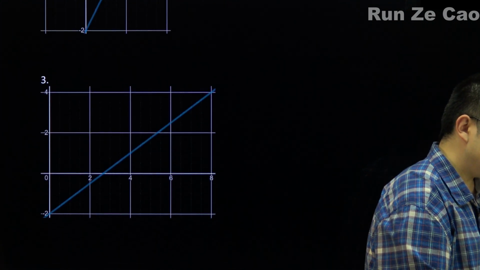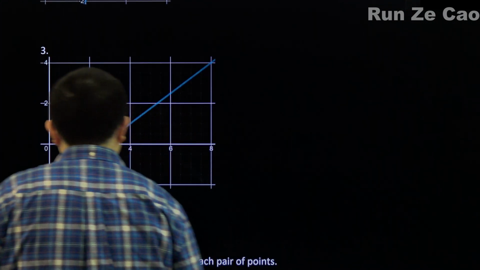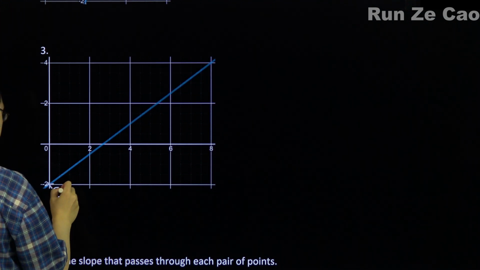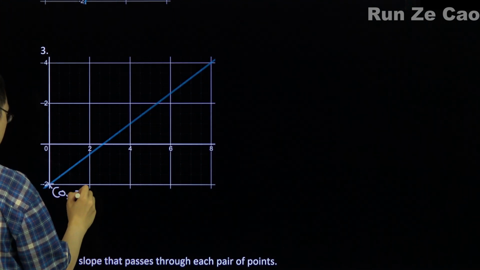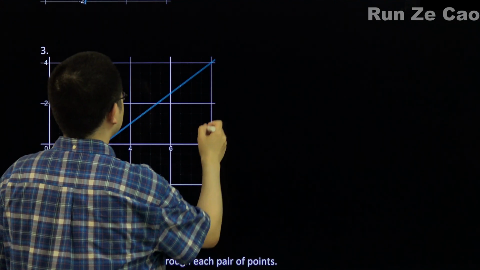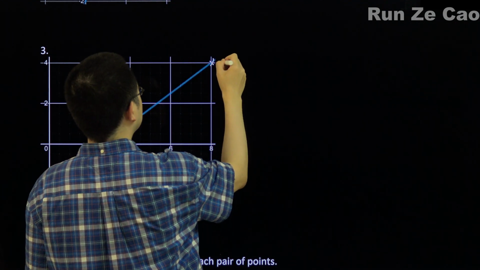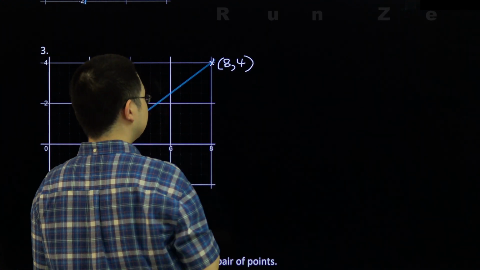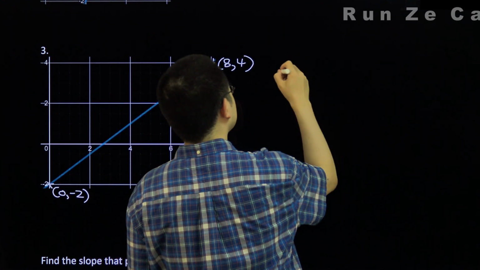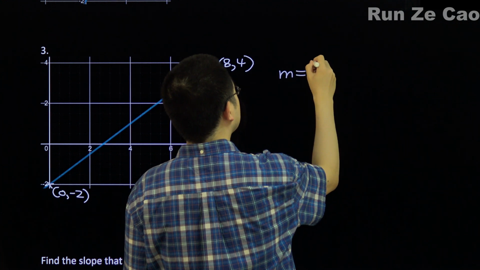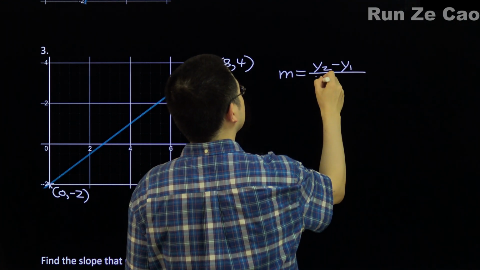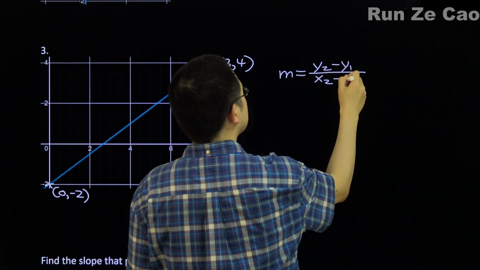Now for this line, you go from 0, negative 2 to 8, 4. And the slope is y2 minus y1 over x2 minus x1.